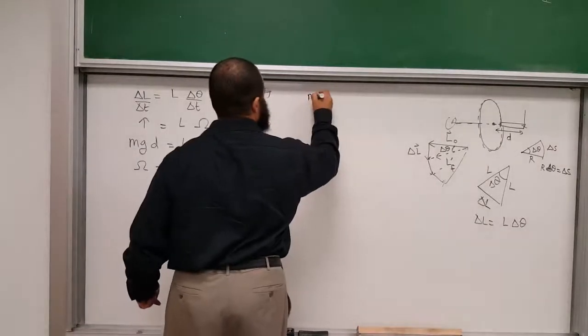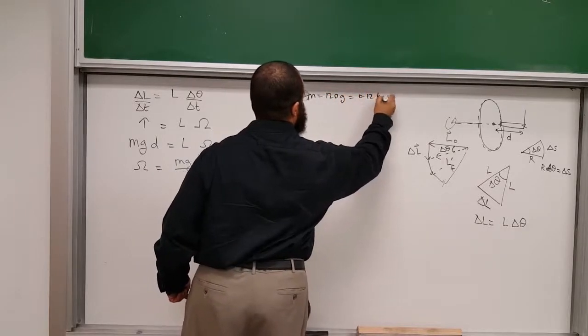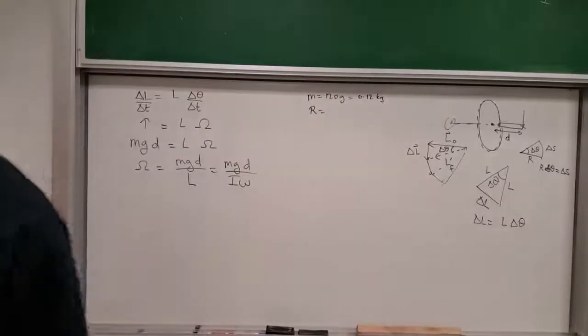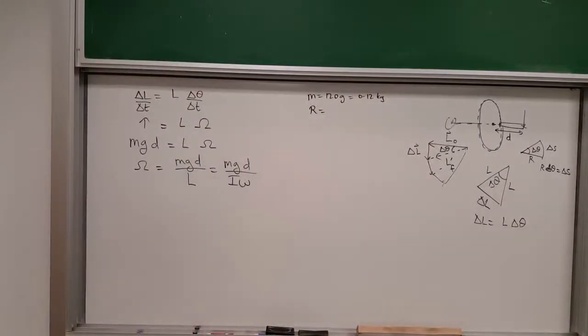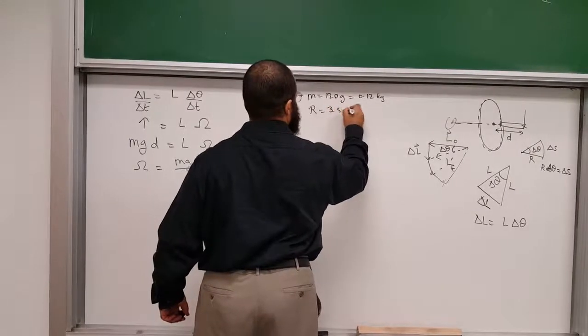So let's say the mass is 120 grams, that's 0.12 kilograms. And the diameter is 7 centimeters, so the radius is 3.5 centimeters.